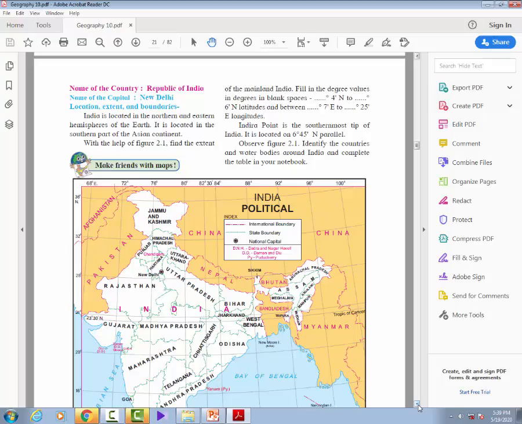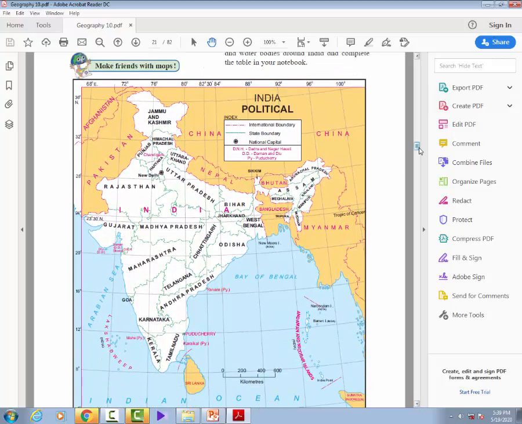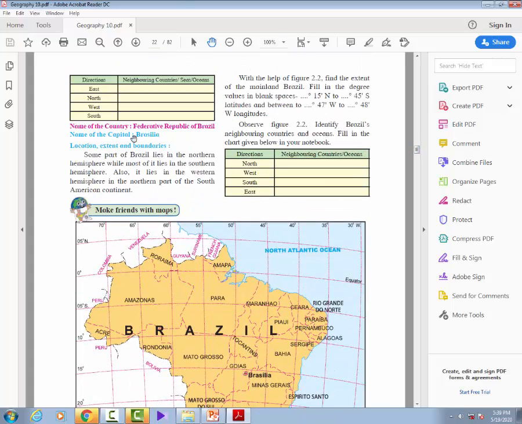And one more thing here, it's related with Brazil. Brazil is a federal republic. What do you mean by federal republic? Brazil is a federal presidential constitutional republic which is based on a representative democracy.